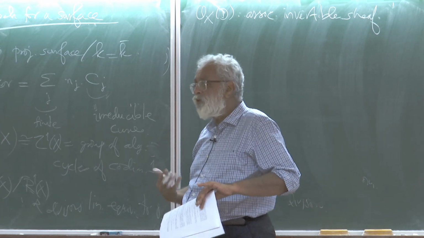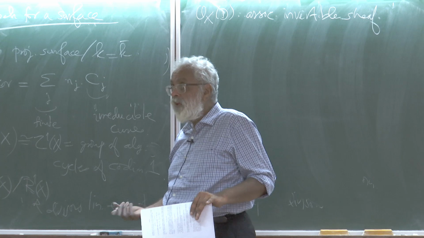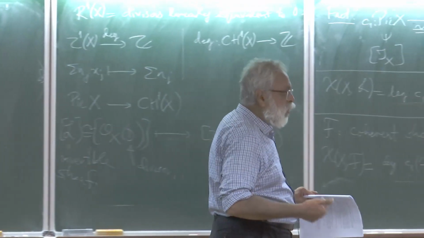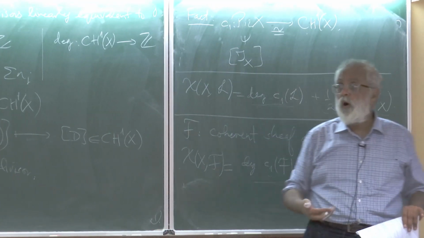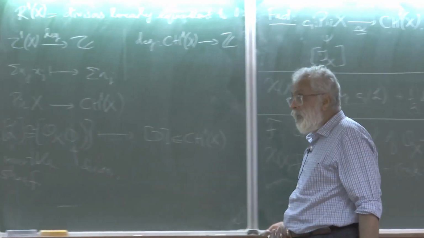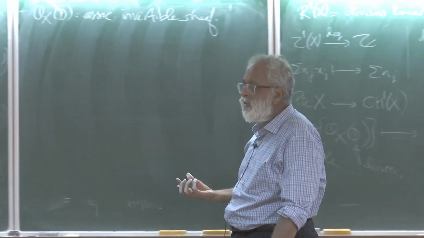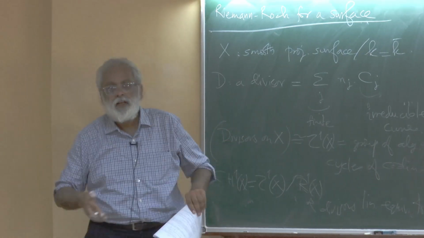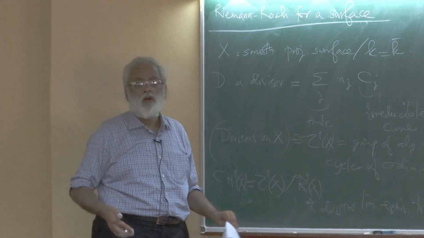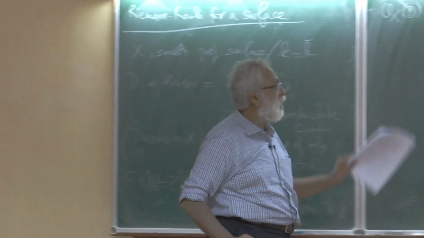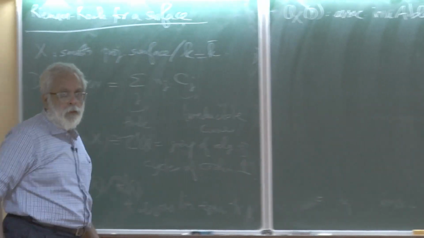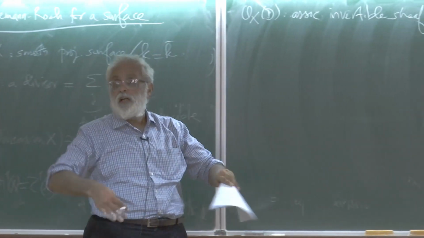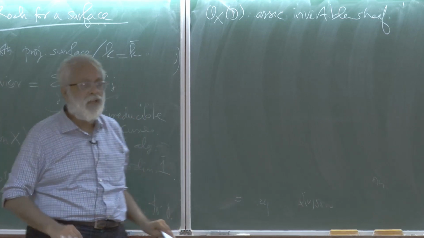If you want to use the scheme language where I do have discrete valuation rings, I can argue exactly like I did with curves. But on a surface, you have to argue a little more. In the codimension 2 points, what happens? How do you find the sections? There, because the local rings are regular local rings, which are UFDs, somehow things patch themselves together nicely. There will be a unique way of extending nicely to the codimension 2 points. Let me not get into the details there. It's part of the theory. So because X is a non-singular surface, if you specify what happens in codimension 1, the codimension 2 stuff automatically somehow takes care of itself.